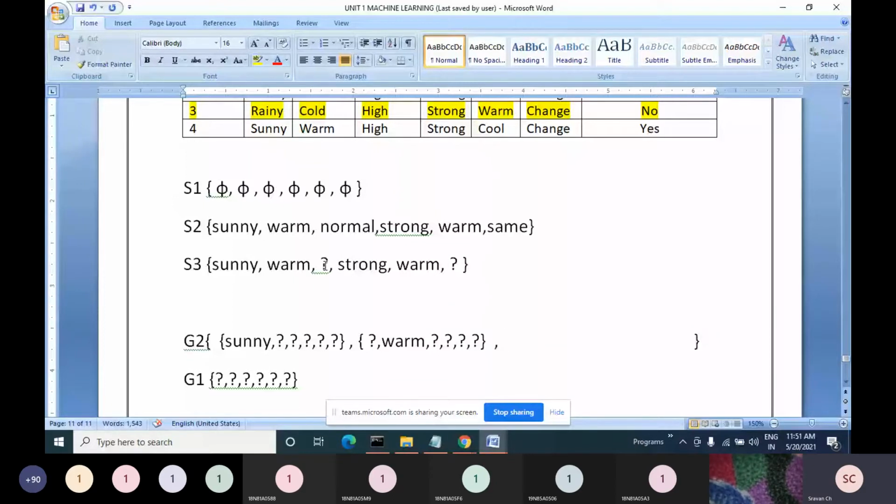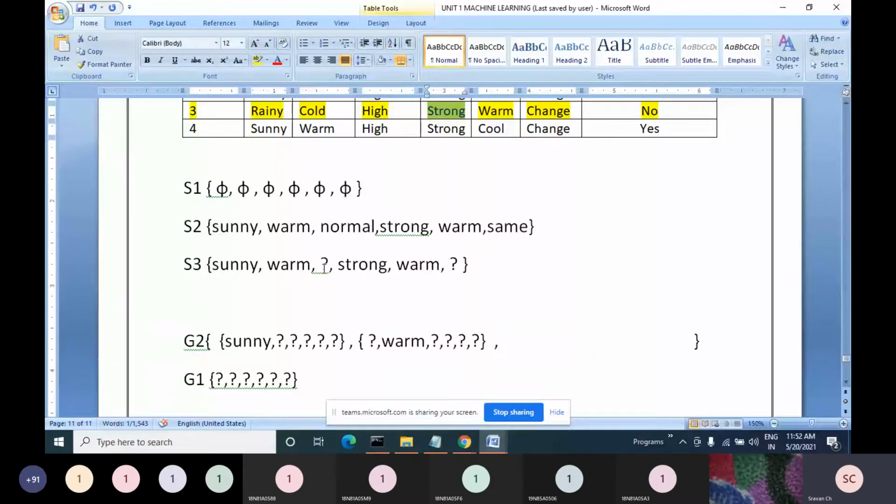Go to the fourth parameter in S3, it is written as strong. Go to the fourth parameter in the negative example, it is also written as strong. So strong and strong, there is a match, no problem. If there is a match, no problem. If there is a question mark in the most specific hypothesis, no problem. You need not do anything.